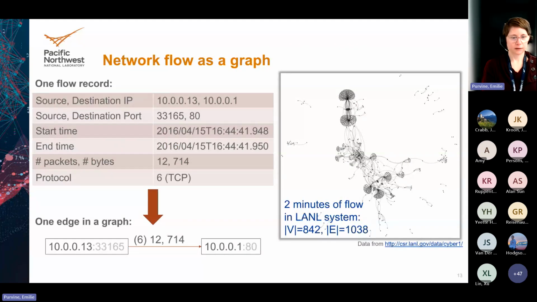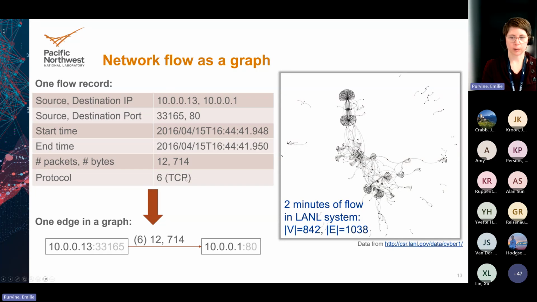So network flow. I've already kind of described how this could be a graph, but I'll make it a little bit more concrete here. If you have one single flow record that has a source IP and a destination IP, a source and a destination port, a time, start and end, some weight metadata like packets and bytes, some other metadata like what is the protocol that we're using to communicate.